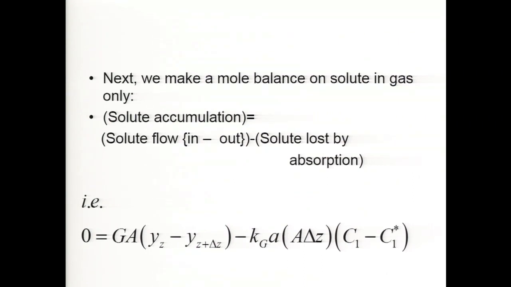The overall gas phase mass transfer coefficient is defined by this understanding that the flux is that overall mass transfer coefficient times the delta C, which is the current concentration in the gas phase minus the concentration which would be present in the gas if it were in equilibrium with the liquid.